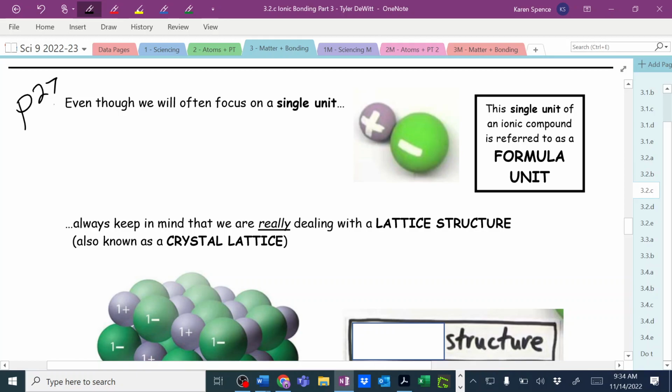Super unlikely, okay? Not likely at all. But if we do, we call this single unit a formula unit. And a formula unit is like a molecule, but for an ionic compound.